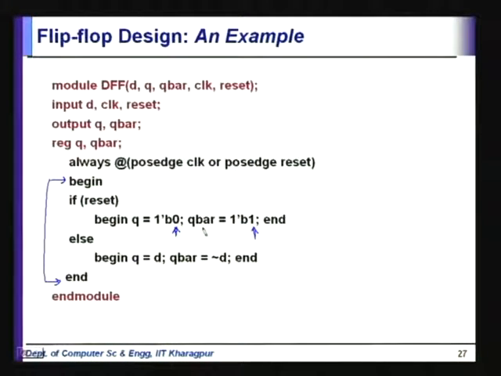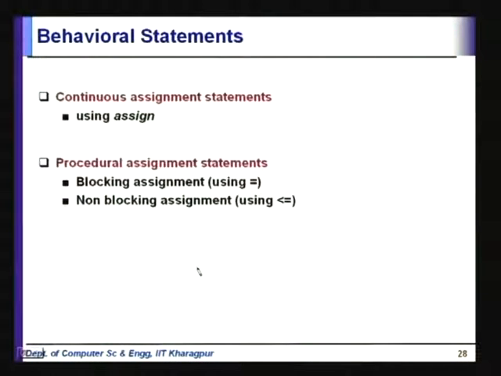We will see implementations later on where you can wait till the end of the simulation cycle, in which case you will use less than or equal to. Behavioral statements can be of the following types.